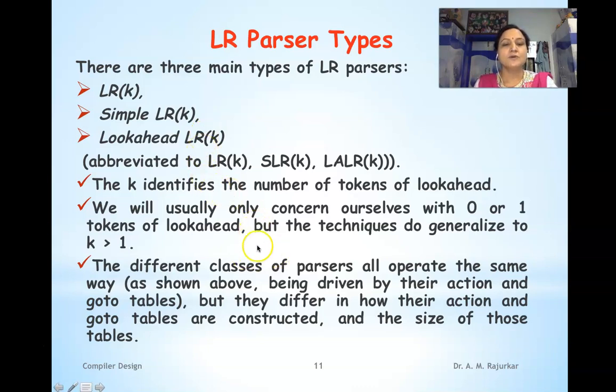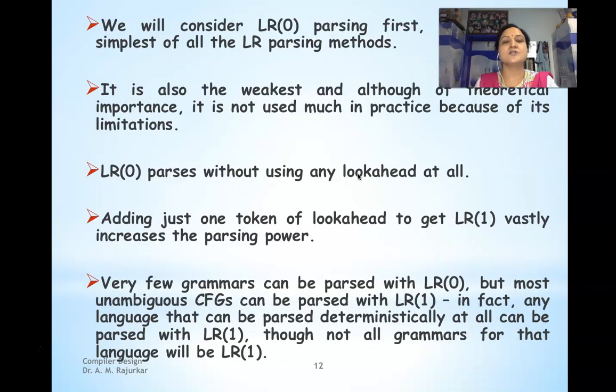So all these operate on the same principle, but the fundamental difference between these three is how the parsing table is constructed. The table construction method in LR(k) is different, as well as in SLR(k) and LALR(k). So the difference between these three parsers is in the construction of the parsing table.